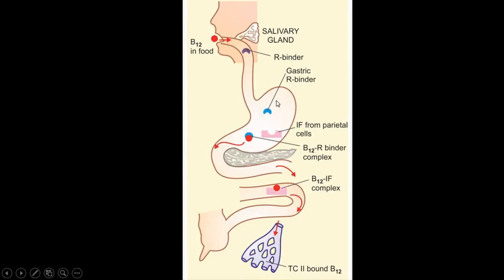So it is first bound with intrinsic factor, gets absorbed in the ileum and binds to the transcobalamin 2 in the blood.